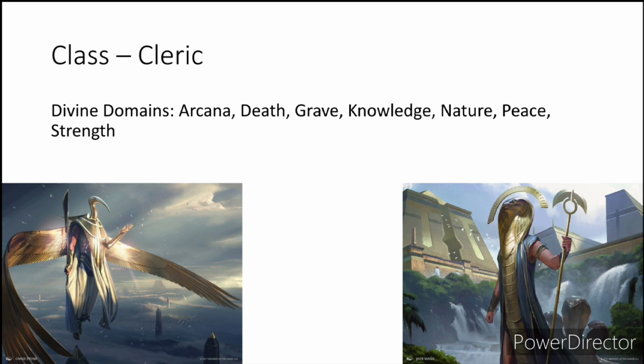You see a lot of Golgari focusing on the dead, which definitely makes the most sense to go with this route. And I picked Grave since Amonkhet did have that Egyptian feel to it, so it just made sense to have somebody take care of the dead to make sure they were at peace.